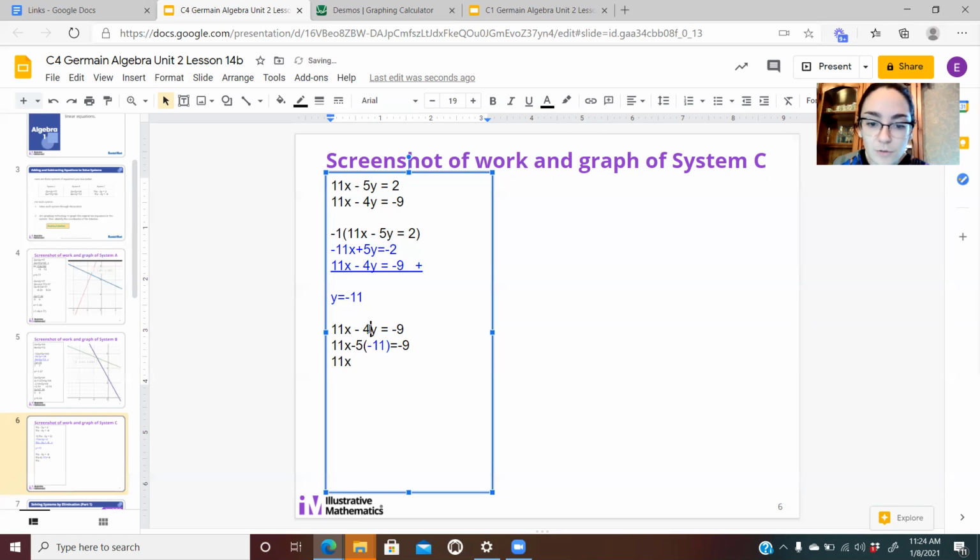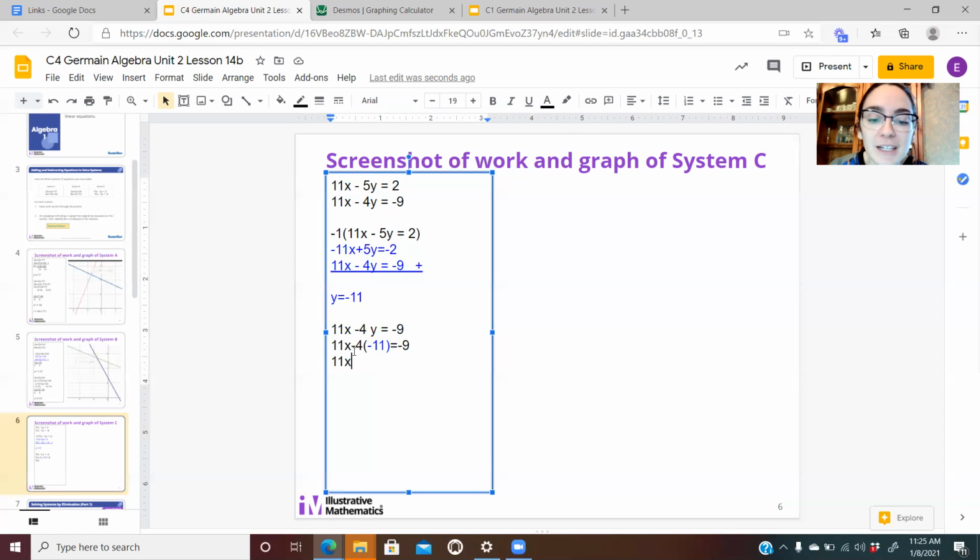Miss Shireen copied this wrong. I'm sorry, guys. -5. Oh, no, I did it right. Okay, so -9. I actually ended up picking the second equation. I'm sorry, guys. I know I said I picked the first.